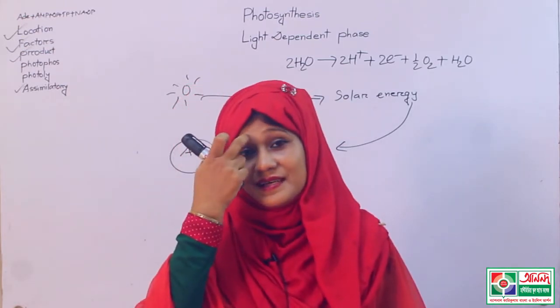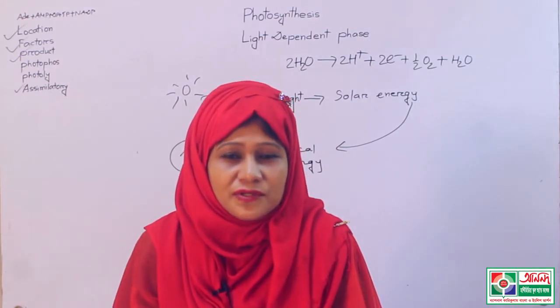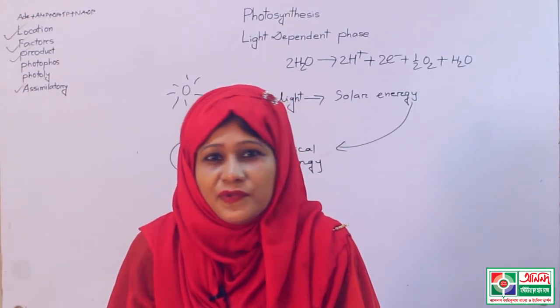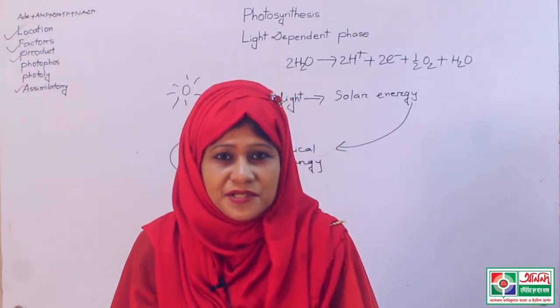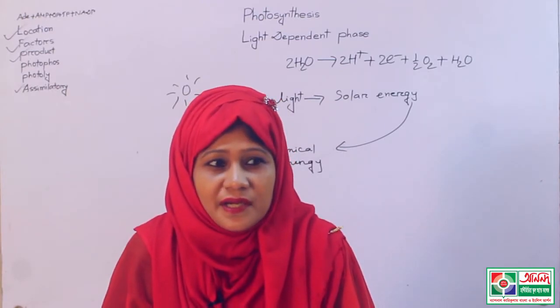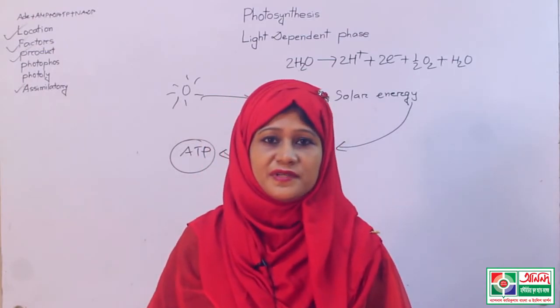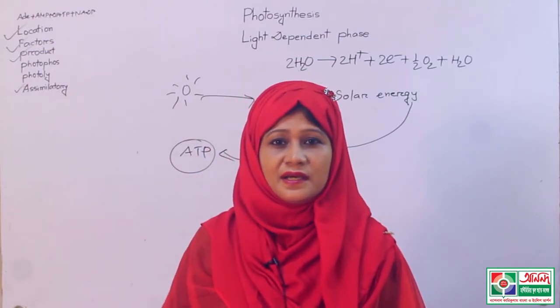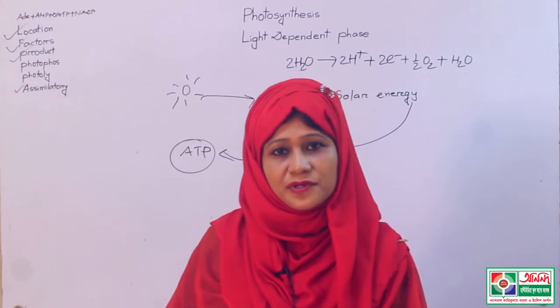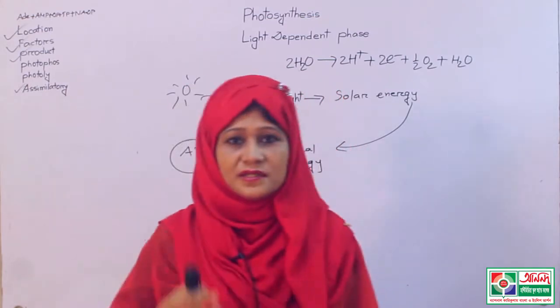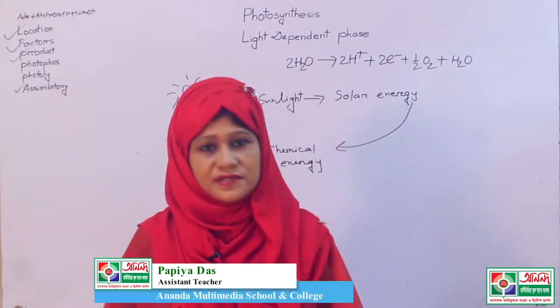Okay, students. So after this process, what do we get? We get oxygen, ATP and NADPH2, and all the living world is dependent on this phase, because in this phase ATP and NADPH2 is produced, which is used in the C3 cycle or the Calvin cycle.